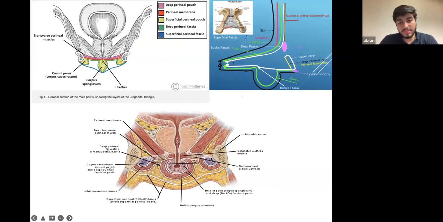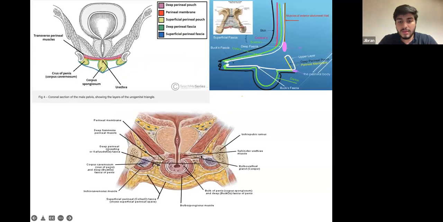Now let's focus on this image. We're going to use this image and bring it to a more realistic image from Netter's. You can see here, this is the Colles fascia, also known as the superficial perineal fascia. This is the Buck's fascia, also known as the deep perineal fascia. This is the superficial perineal pouch.